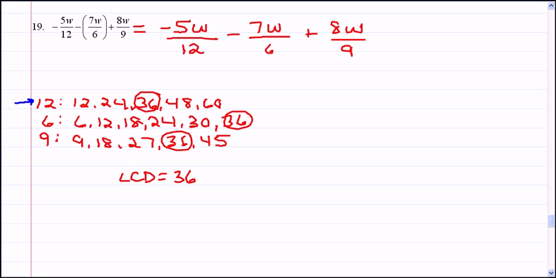So starting with 12's list, 36 is the 3rd number, so I multiply it by 3. On 6's list, 36 is the 6th number, so I multiply it by 6. And on 9's list, 36 is the 4th number, so I multiply it by 4.